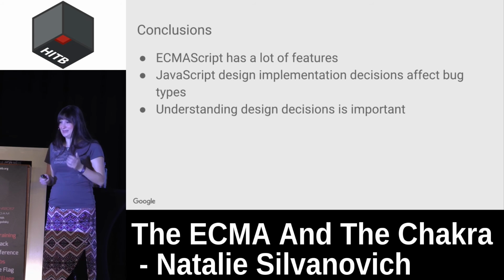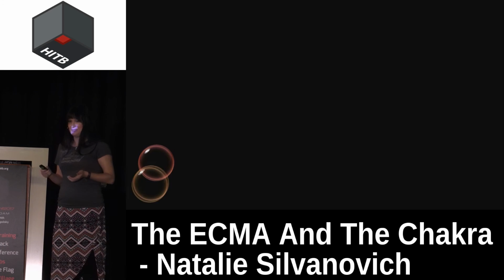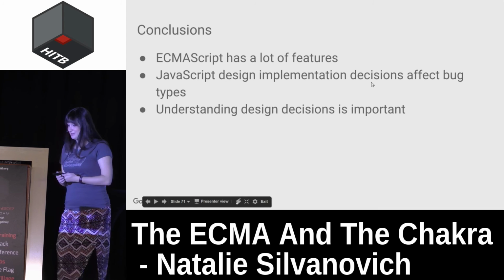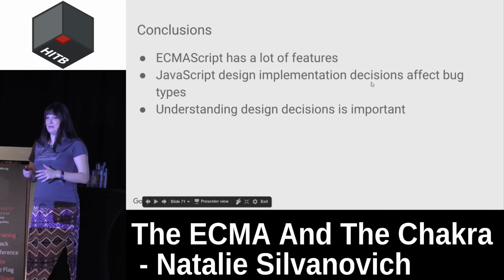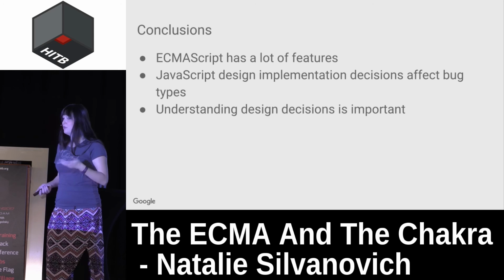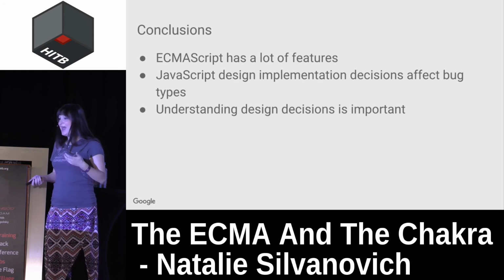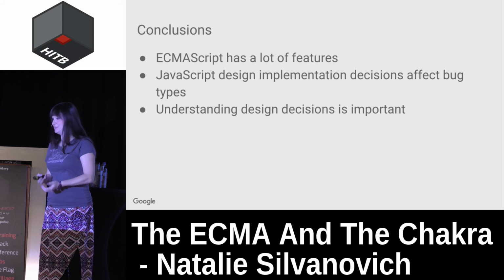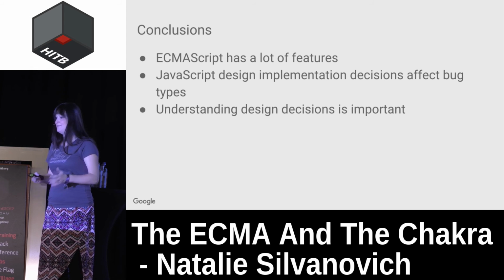Another thing is that implementation decisions affect what kind of bugs you have. And I'm not trying to be down on anyone who writes code. These are super hard problems, and there's no right choice here. Any way you implement this, there's going to be trade-offs between basically performance and security and ease of development and many other things.